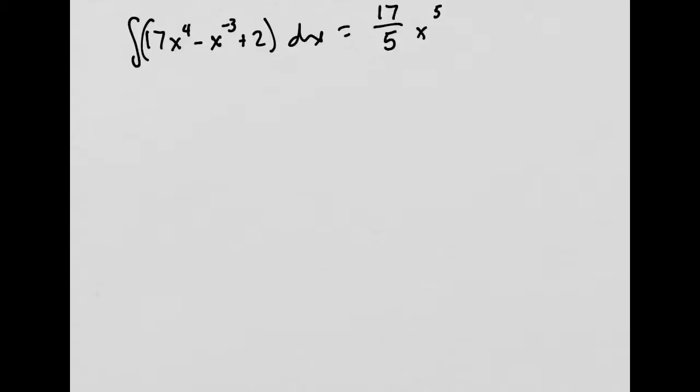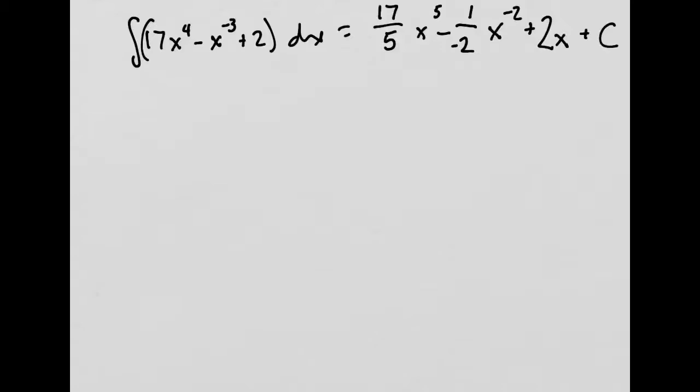Then we're going to have minus, and we're going to go up in power. So negative 3 plus 1 is negative 2. And then out front, you have 1 over negative 2. So that's going to simplify. Plus 2x plus c.